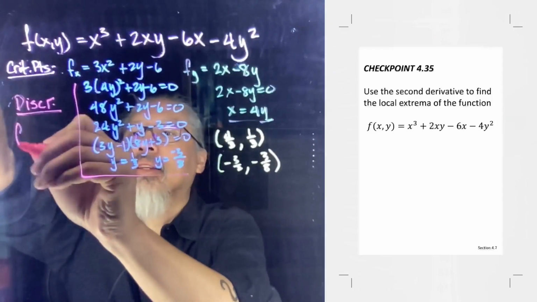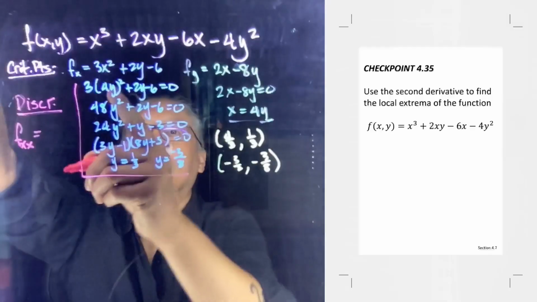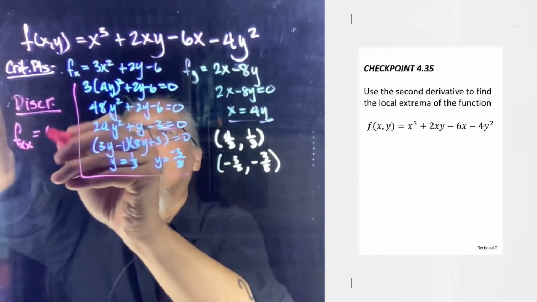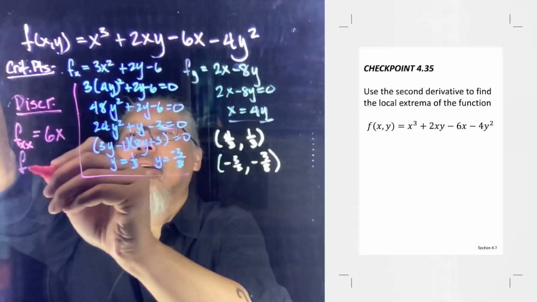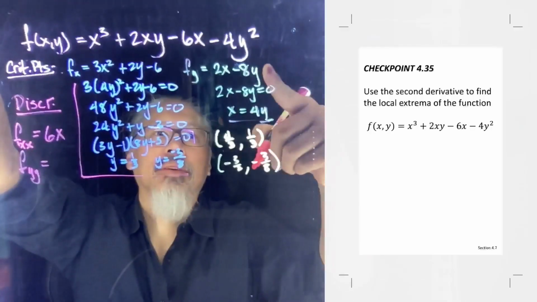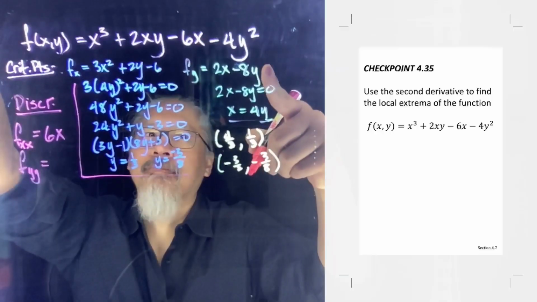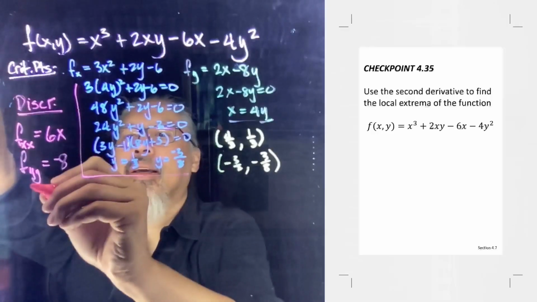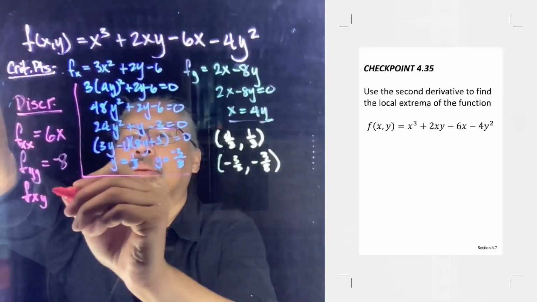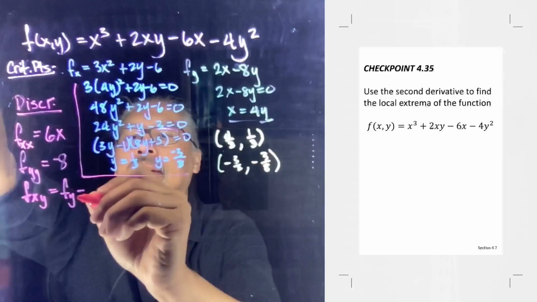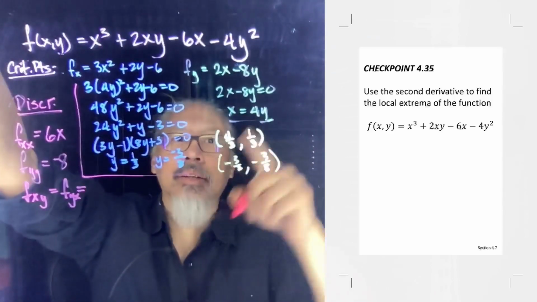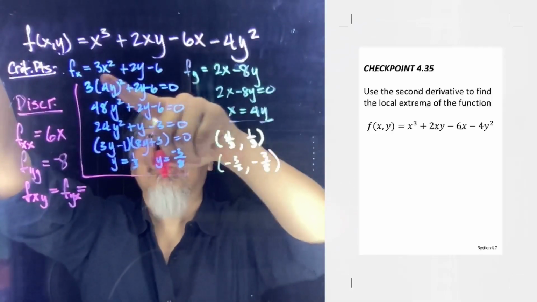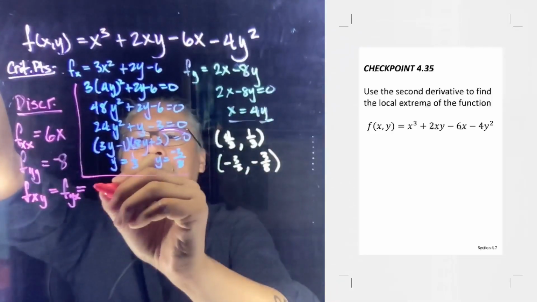We'll call that fxx, and that will be just 6x. fyy, the derivative of this with respect to y, is just negative 8. And then fxy, which is equal to fyx, is either the derivative of fy with respect to x, which is 2, or the derivative of fx with respect to y, which is 2.